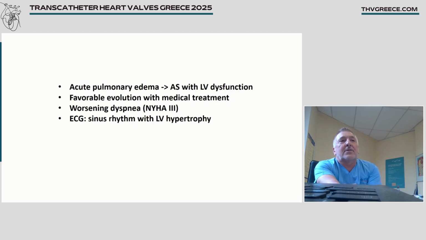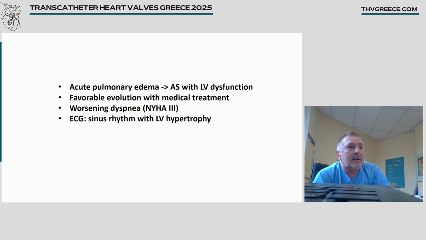The aortic valve stenosis presented in his life with an acute pulmonary edema due to LV dysfunction. He took medical treatment for several years, and he had a favorable evolution of his disease. But after some years, he had worsening dyspnea with New York class 3.